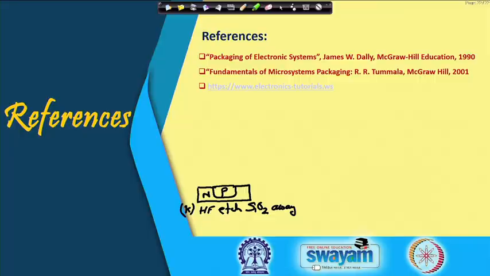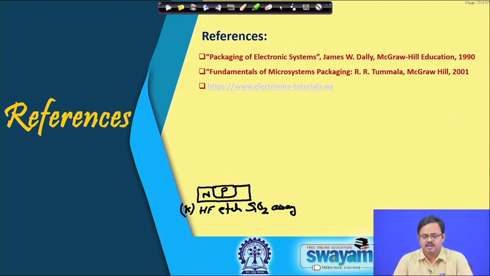The references for the materials that we have discussed so far are again our two textbooks, Packaging of Electronic Systems by Daly and Fundamentals of Microsystems Packaging by Thumala. Also, electronicstutorials.ws is a very good resource if you want to go through the fundamentals and brush up some of your basic electronics.